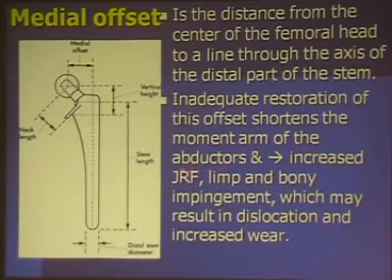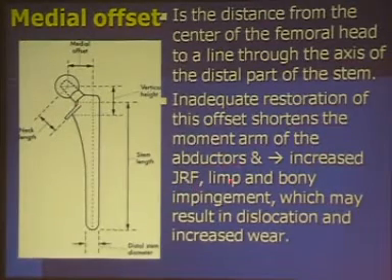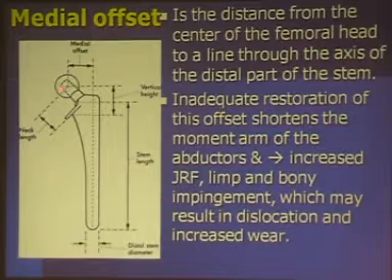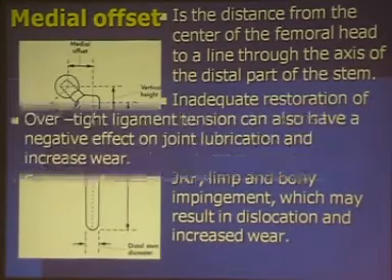This shortens the moment arm of the abductors, increases the joint reaction force, as we said before, and also the patient might limp, with bony impingement. And again, it might result in dislocation. So if instead of being properly restored it was a bit shorter, this results in all that: increased joint reaction force, limping, bony impingement, and possibly dislocation.